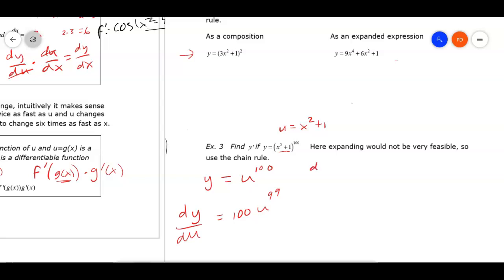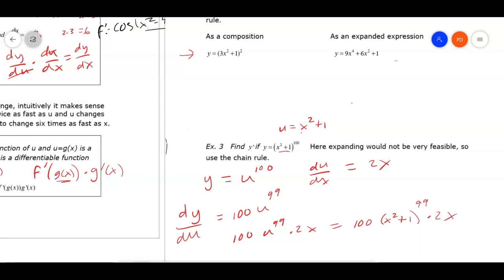The derivative of u with respect to x, u is x squared plus 1, is going to be 2x. So what I get is 100 u to the 99th times 2x. Now you have to replace u because we only have one variable. You know what u is in terms of x.